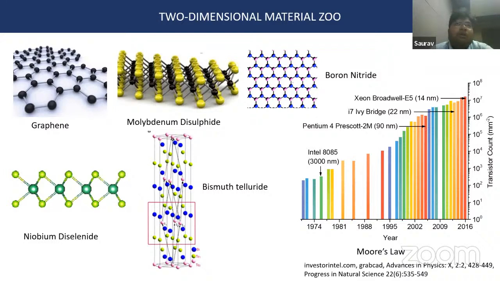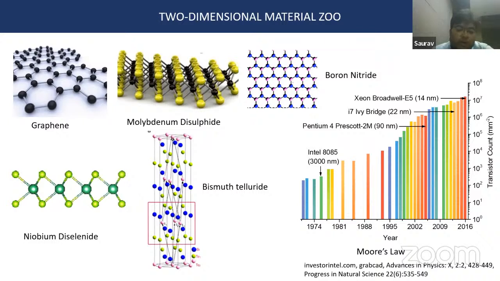You have boron nitride, which is an insulator with a large band gap, and you've got niobium diselenide, which is a superconductor. And the essential aim of all these new class of materials is eventually, maybe 10, 20 years down the line, to replace silicon-based electronics with much faster as well as more miniaturized devices.